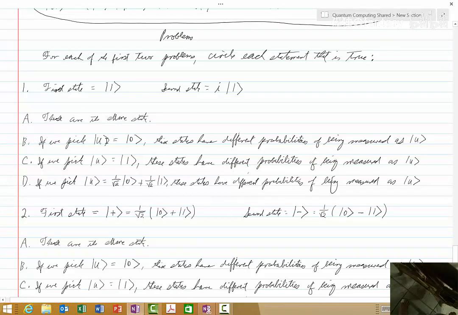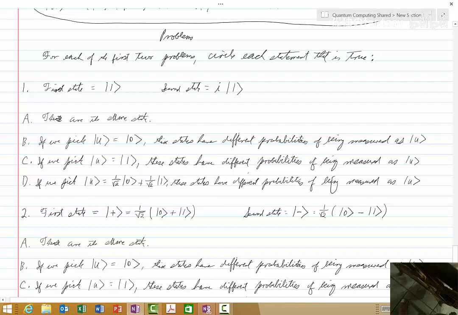B, if we pick the ket U to be the 0 ket, then these two states have different probabilities of being measured as that U ket. C, if we pick U to be the 1 ket, then these two states have different probabilities of being measured as U. And D, if we pick U to be 1 over square root of 2 times a 0 ket plus 1 over square root of 2 times a 1 ket, these states have different probabilities of being measured as U.